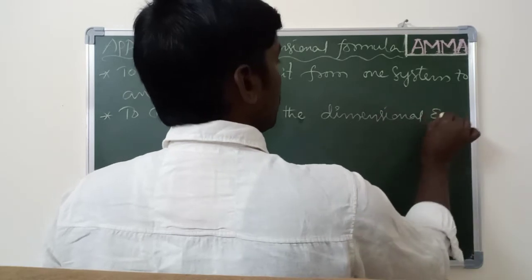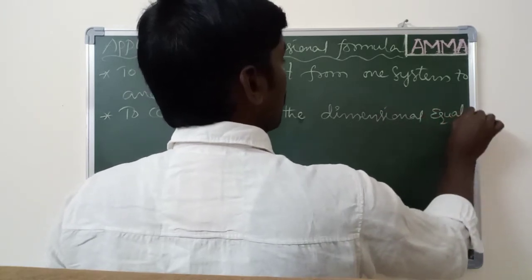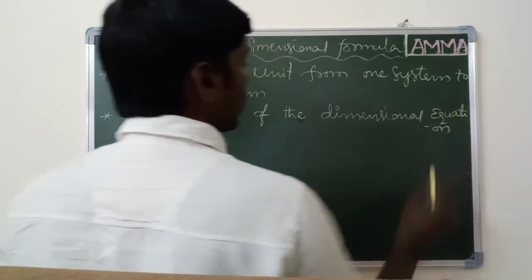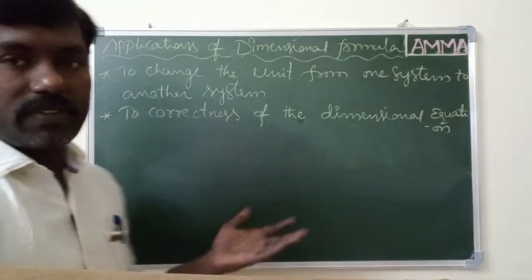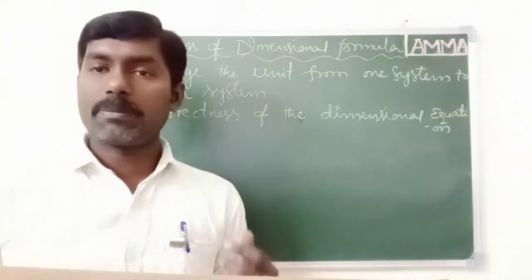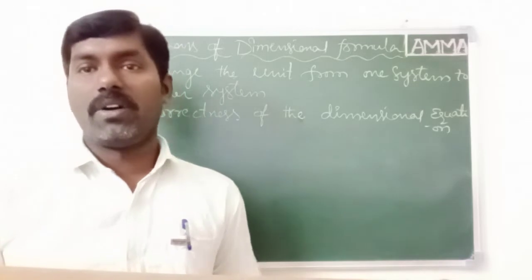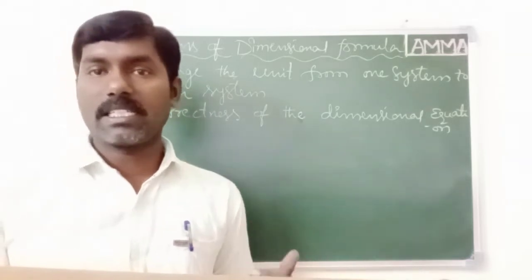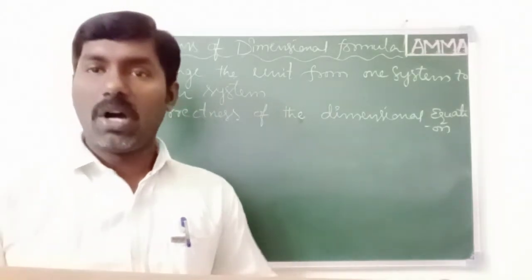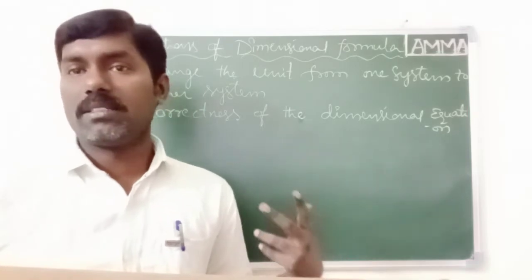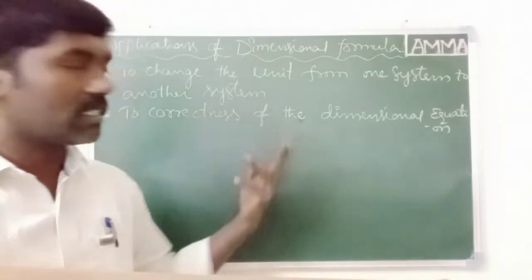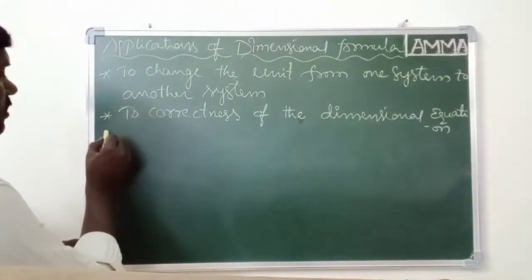Whatever the expression is, whether it is right or wrong, correct or wrong, we can check by using the dimensional formulas. How do we check it? How do we derive that expression? Let us discuss that now.